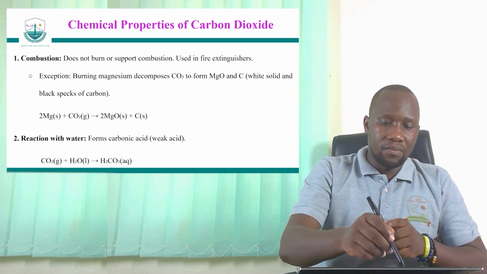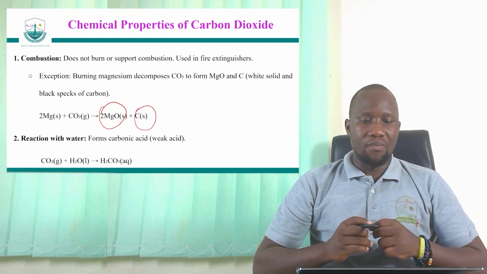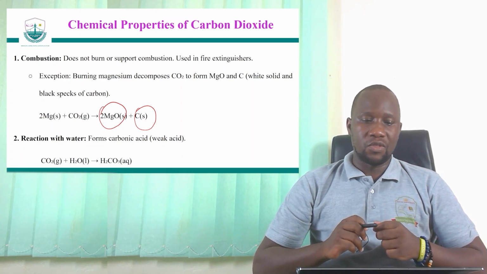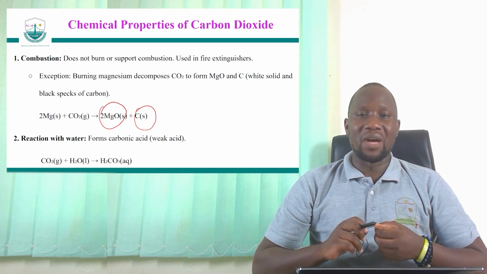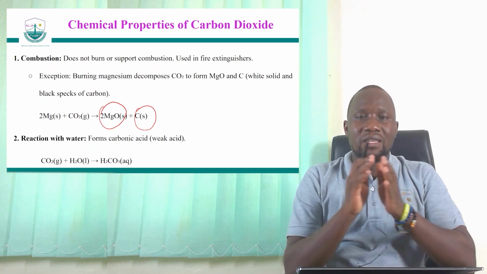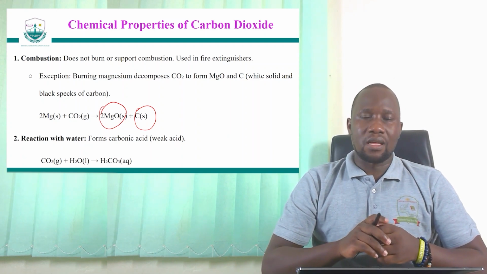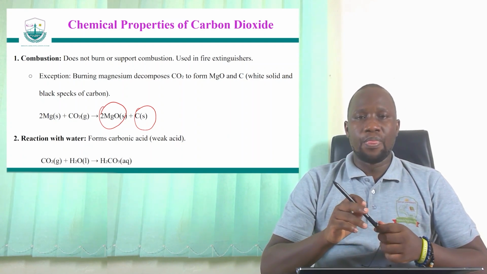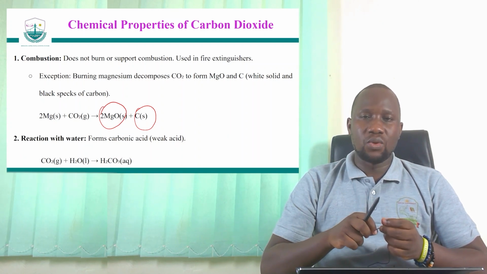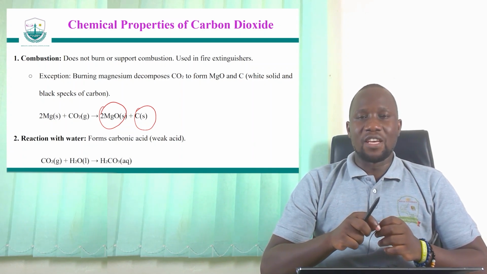So this is white, and this is black. You have black sparks of carbon, and then a white solid will be formed when we have burning magnesium. Burning magnesium has a lot of heat that can decompose the carbon dioxide to form magnesium oxide plus carbon. So you have a white solid with black sparks of carbon being observed.